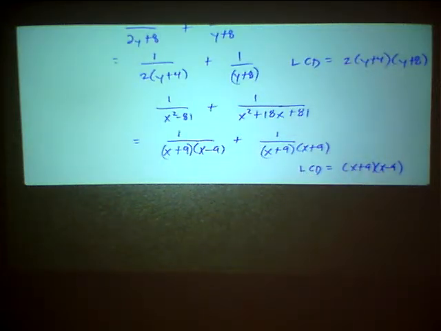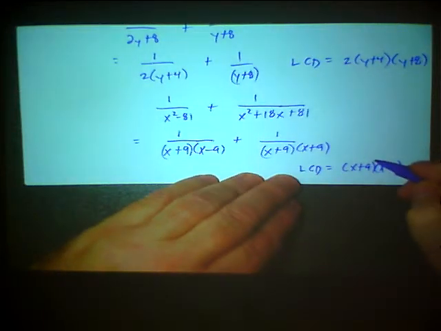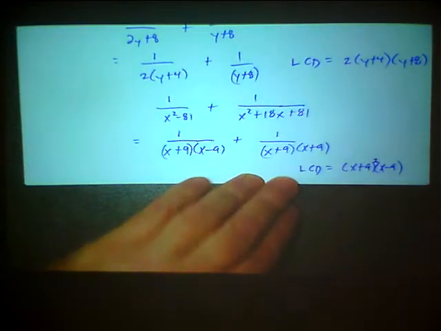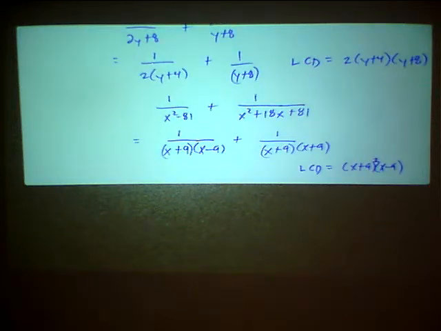You can actually think of that as x plus 9 quantity squared. I go down here and I look. I have x plus 9, but I only have 1. So in order to include this second denominator, I need to actually square this. And then there's my LCD.